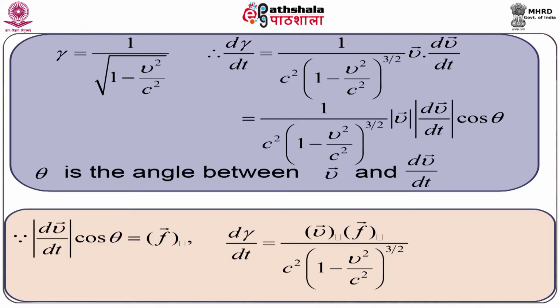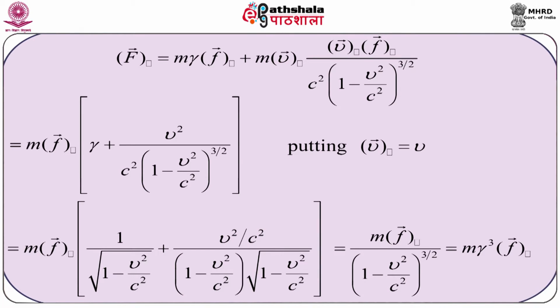Substituting d/dt of gamma in the expression for force vector, we get the parallel component of force vector equal to this one. This can be combined like this. Here we have used that parallel component of v vector is small v and get this result.